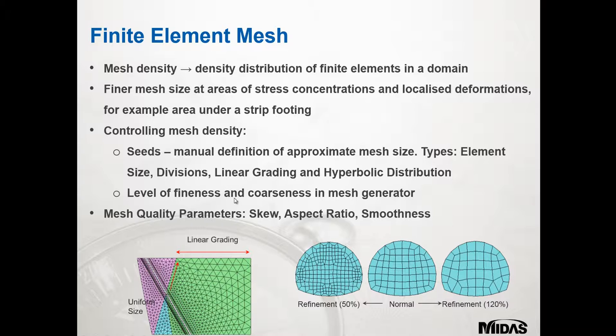And then you've got the level of fineness and coarseness in the mesh generation. So as you can see from the diagram at the bottom, you can control and refine it to what you wish. So for the mesh quality parameters, you can see in the linear grading the seeds which are generated along the edge, and as those seeds get finer, as you go to a more concentrated mesh where the tunnel is, it actually seeds to that point and becomes more dense and finer.